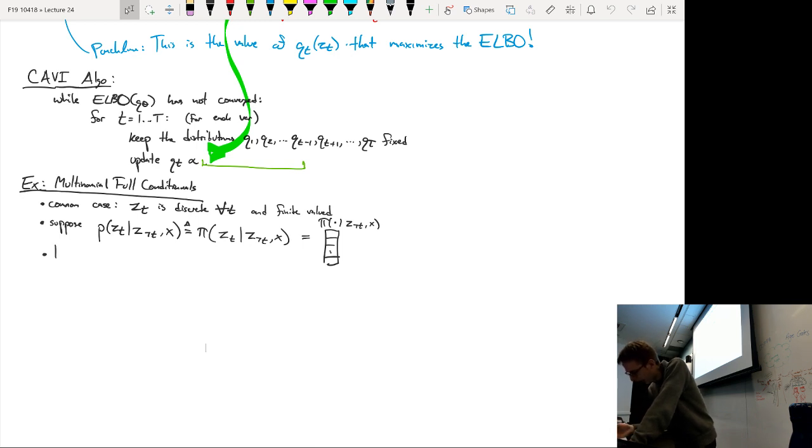Then what we have is that this q star of zt, that update rule, should be proportional to exp of an expectation over the log of this distribution.